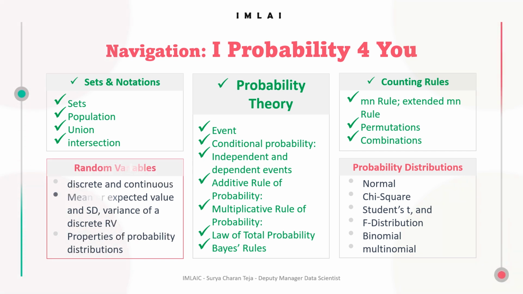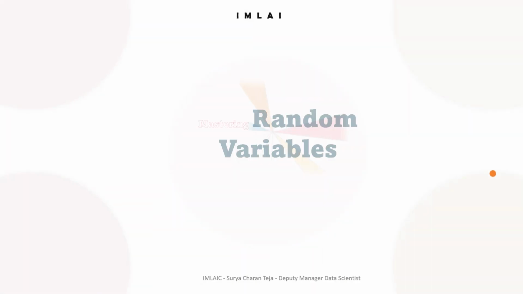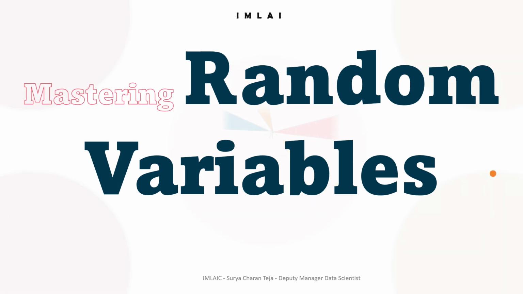Once the random variables section is done, then we will move into probability distributions. But for now, it's time for random variables. Let's master random variables before we get into probability distributions.